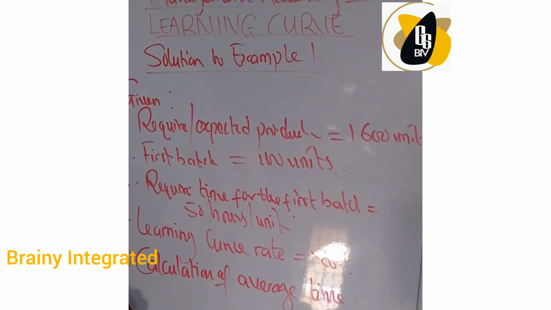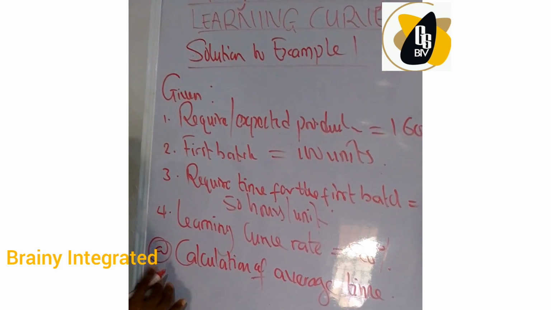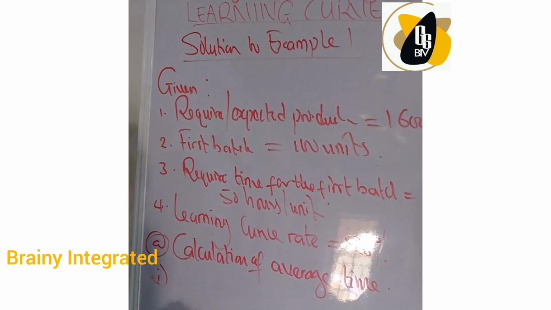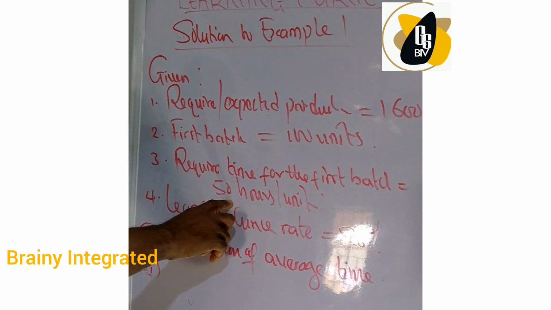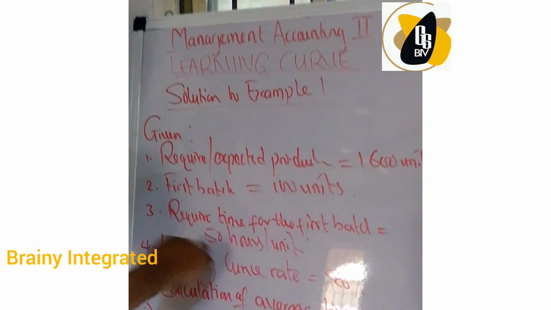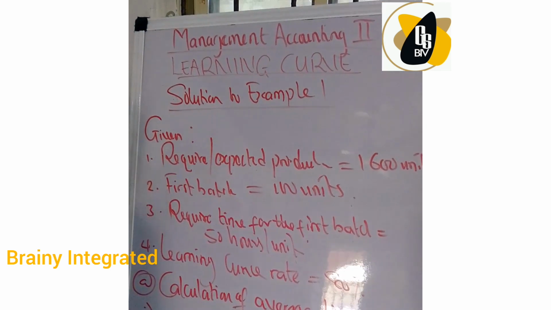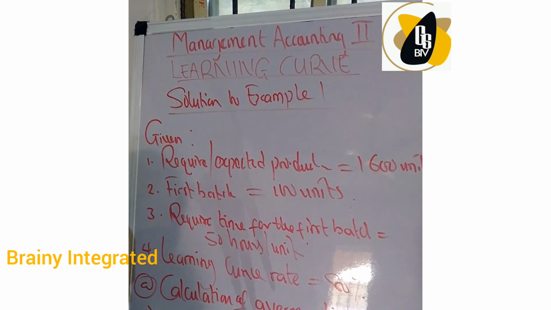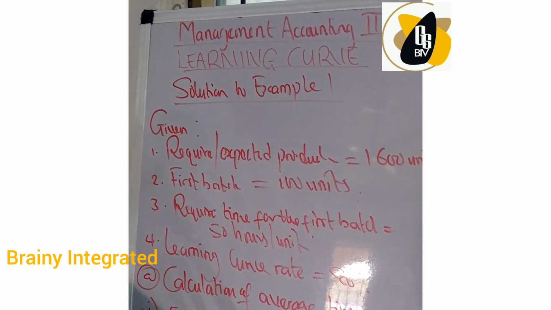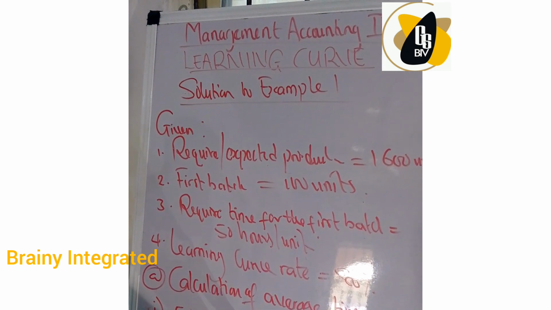So the first one is, they gave us 50 hours as the average time to produce the first batch. It means this is 50 times 1 gives us 50 hours. They have already given us this for the first batch, right?